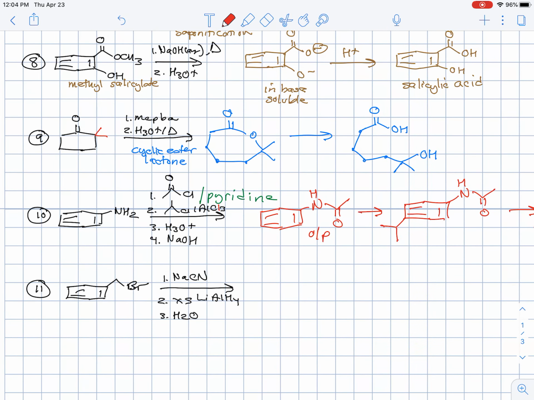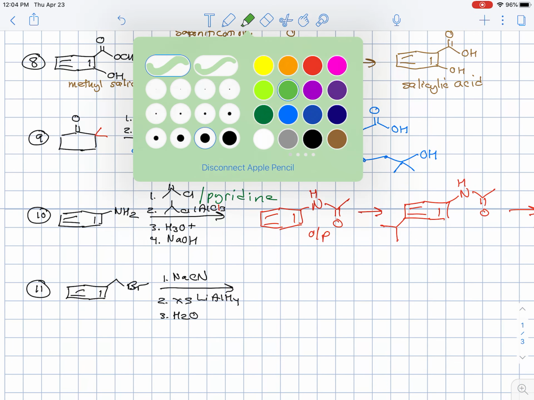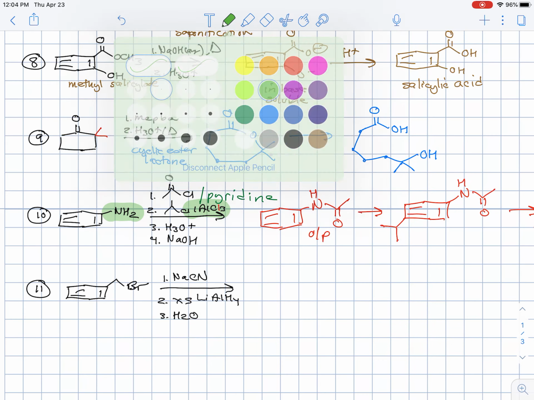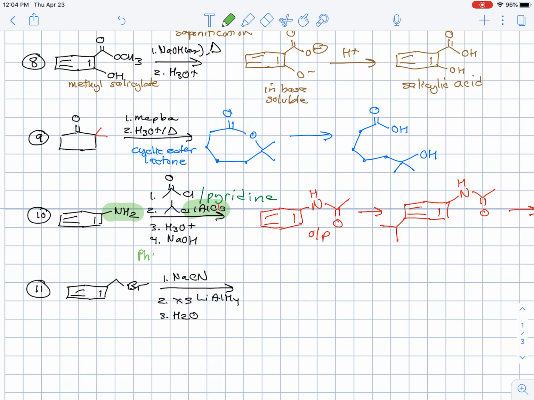It forms a complex. So you would have, let's pick a better color here, those two compounds, your aniline plus your aluminum chloride.